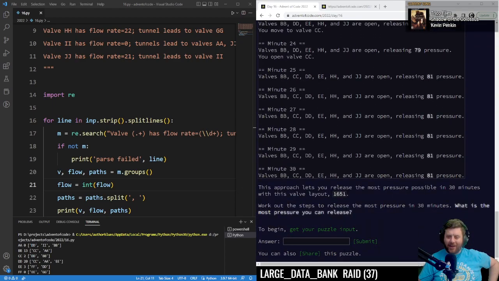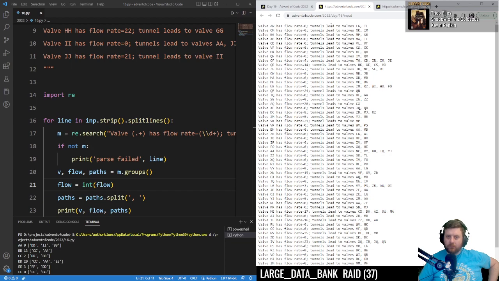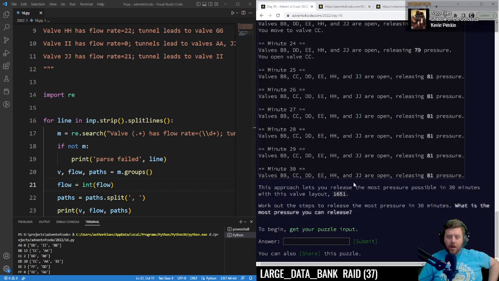I mean, how big could the graph be, right? Oofta. But oh no, am I gonna build a time-dependent graph? I don't want to.